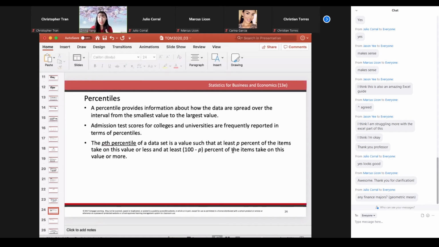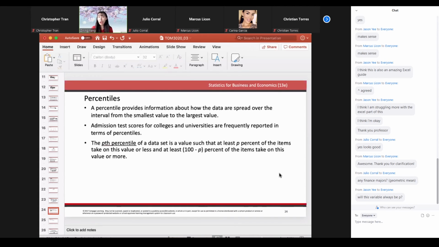So knowing that 90% are lower than or equal to you, you will be at the 90th percentile. And similarly, if some other criteria requires you to be in the top 30% of your cohort, then 100% minus 30%, so 70% of the students will be lower than or equal to your score.